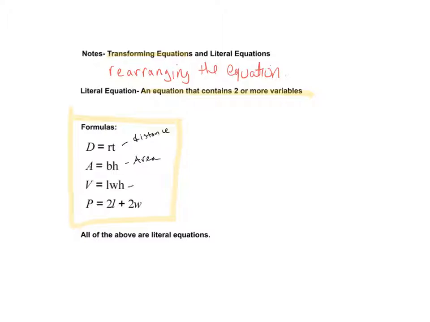V equals LWH, length times width times height. That's a volume formula. And P equals 2L plus 2W. That's our perimeter formula. A few of these we've actually used even very recently. So these are all considered to be literal equations. Literal equations, in other words, are the same thing as formulas.